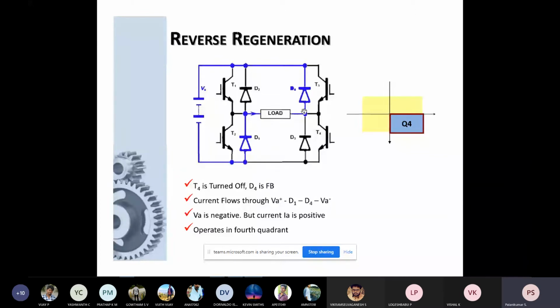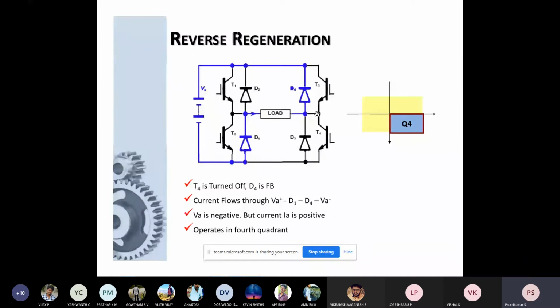As a result, my battery is getting charged. Since it is charged, it is called regeneration. If the source supplies and the load, especially the motor, is acting and producing the required power, it is called reverse motoring.